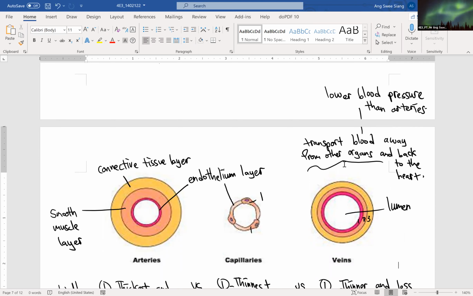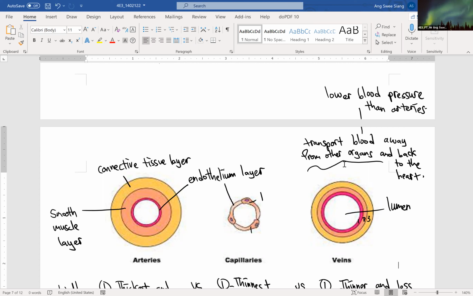Shivashini? Yes. That is the reason why when you get injured, what determines whether you need to go to the hospital or not is depending on which type of blood vessel you cut. Most of the time, if we just accidentally cut the skin, it's only the capillaries that are cut.